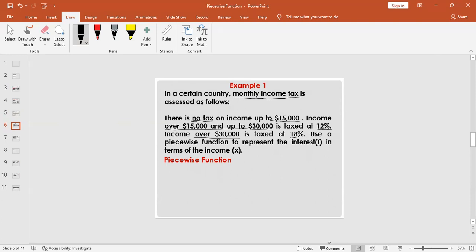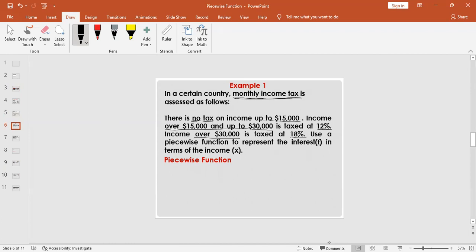So, pag ganyan yung sahod ng isang tao, walang tax yung salary niya. Before we continue, when we say monthly income tax, yan yung binabawas sa salary ng isang tao buwan-buwan. Kunyari ako, nagtatrabaho ako, bago makarating sa akin yung sahod ko, may konting porsyento ng pera yung mababawas sa salary ko.